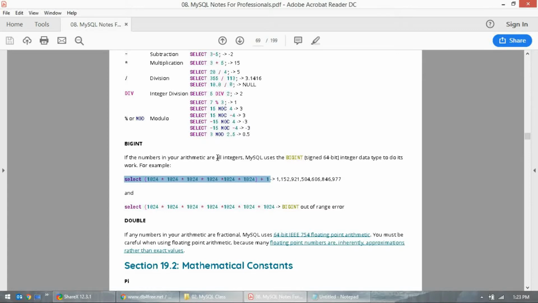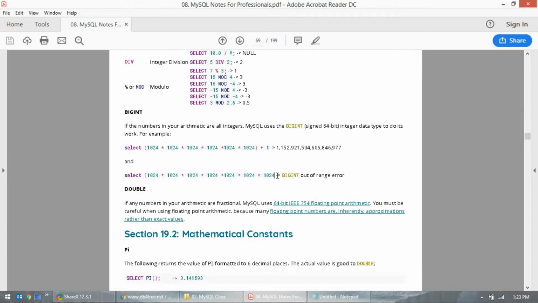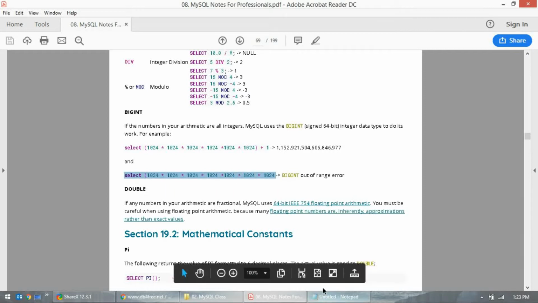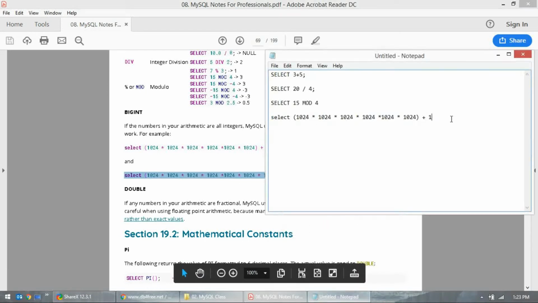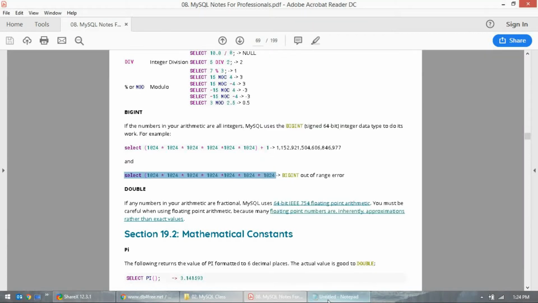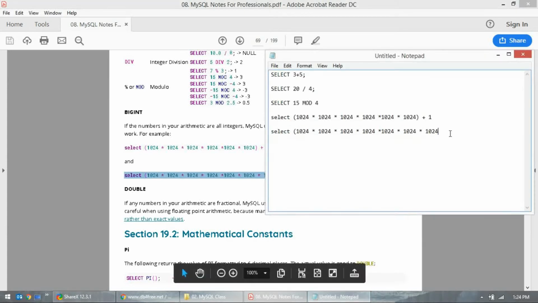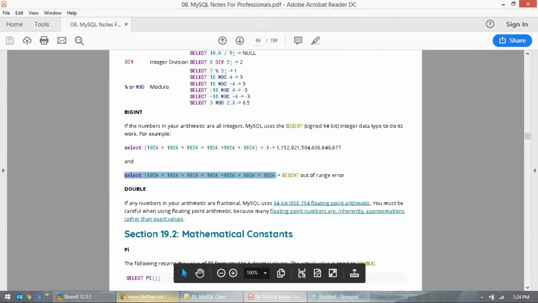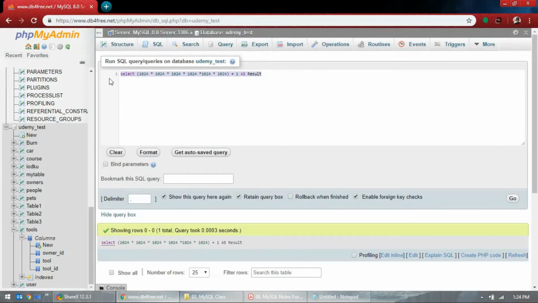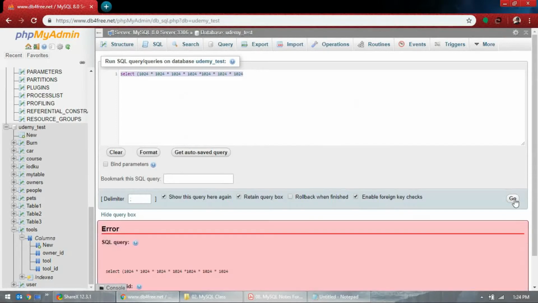Oh, here's the thing. You cannot use more than that. Now let's find out this one. If you are using more than that, it's out of range. This is very interesting. This is an error because we didn't give this bracket.